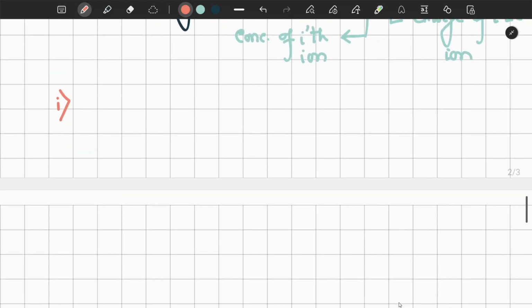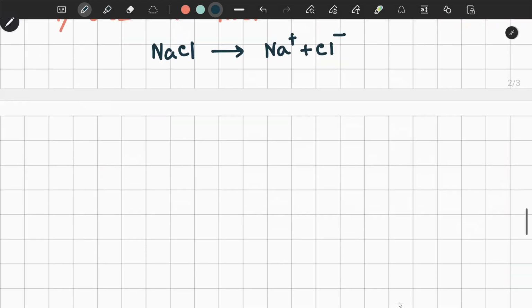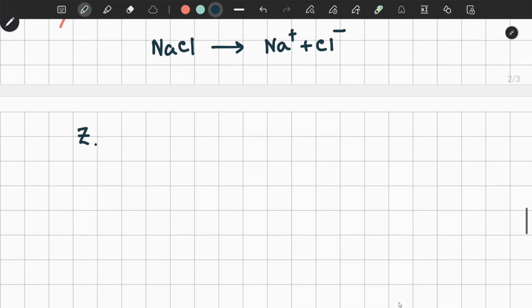So first is 0.01 molal NaCl. How does NaCl dissolve? NaCl dissolves like Na plus, Cl minus. So Z plus is plus 1, Z minus is minus 1. So what will be I?